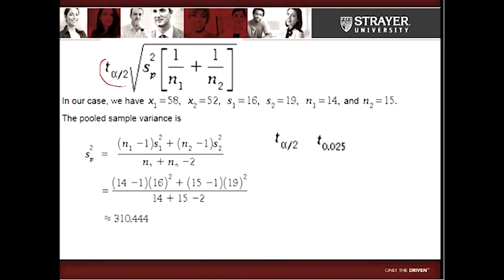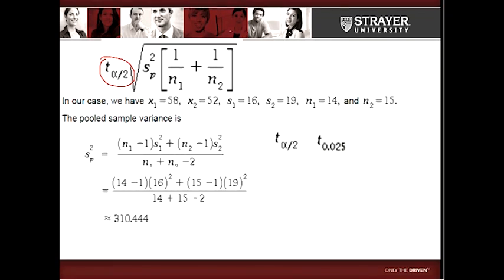Okay, so in our case, we're using the t, remember, and we're doing a margin of error, which is t times the square root of the pooled sample variance times 1 over n1 plus 1 over n2.